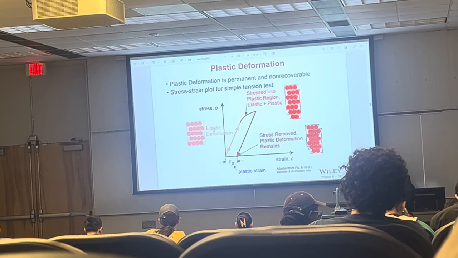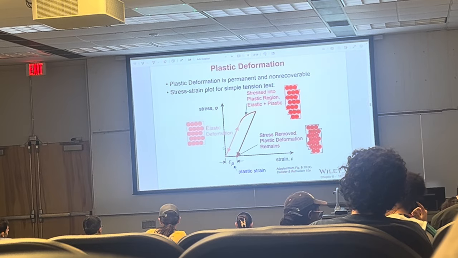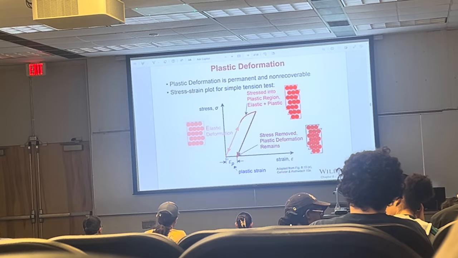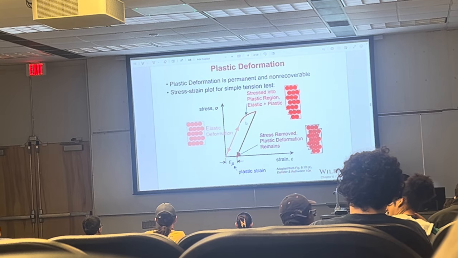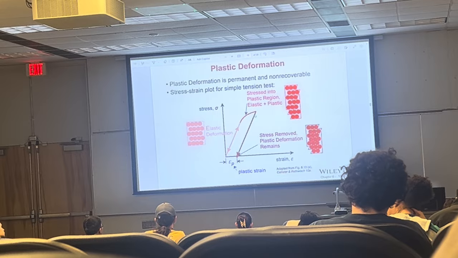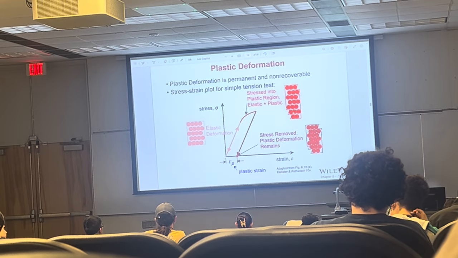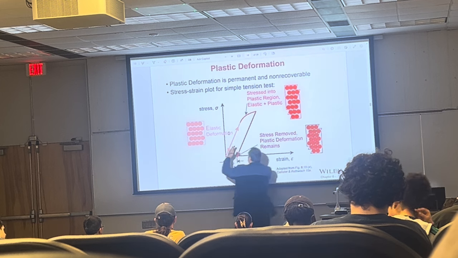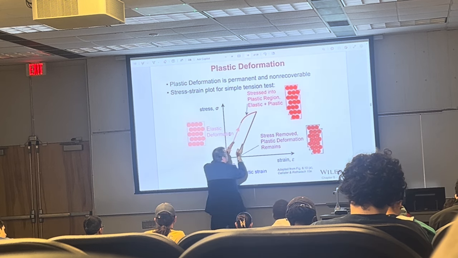So, we have elastic deformation by stretching the bonds here. We can unload and we're going to go back to zero stress and zero strain. Here we have elastic and plastic deformation, motion of dislocations. Upon unloading, the original loading slope is repeated so that these two straight lines are parallel like this.